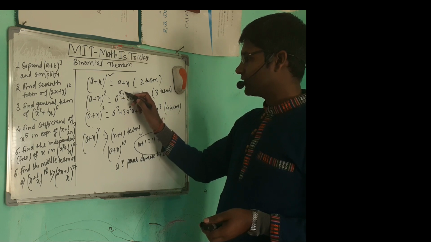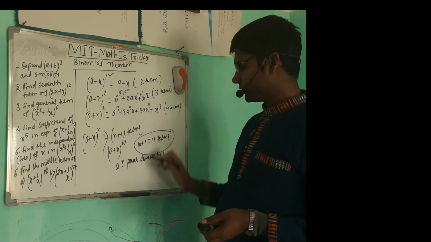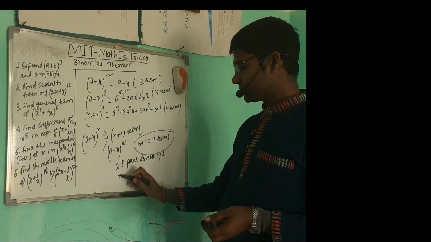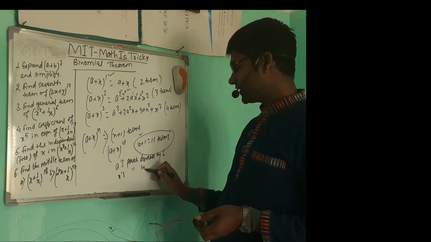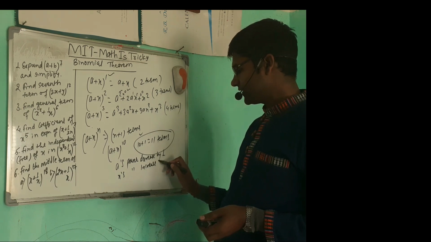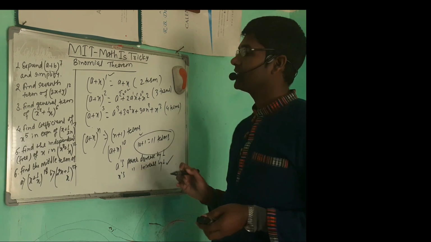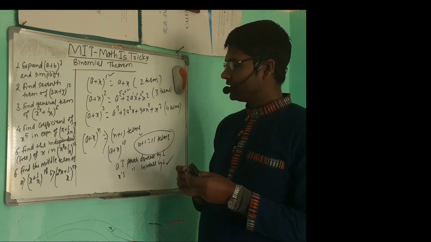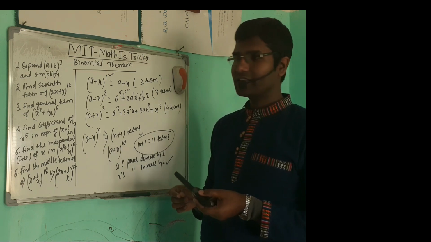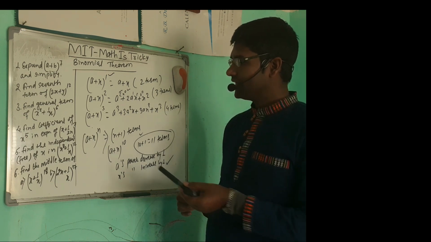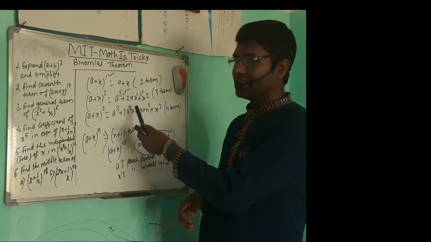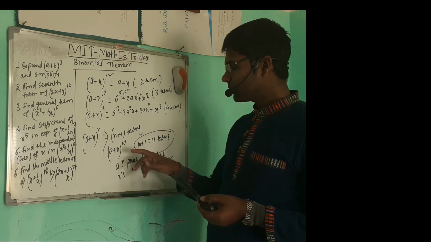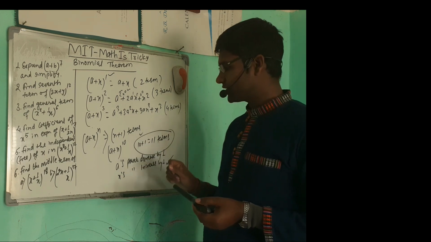The power of x is 0, 1, 2, so the power of x will increase by 1. Remember, this is a very important point. The power of a will decrease by 1 and the power of x will increase by 1. The total number of terms is always n + 1.